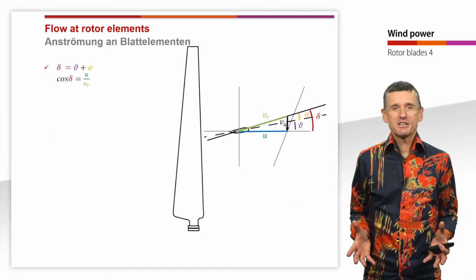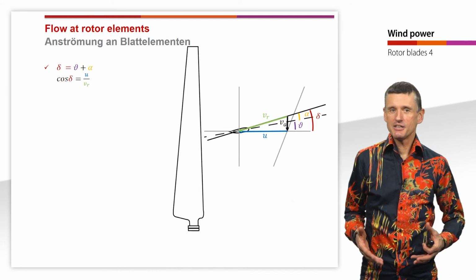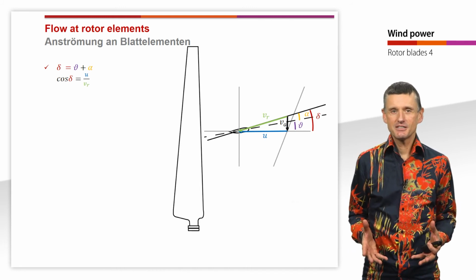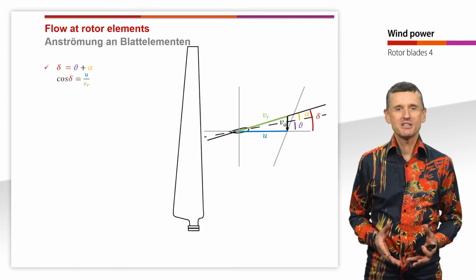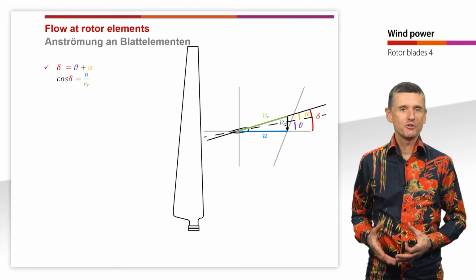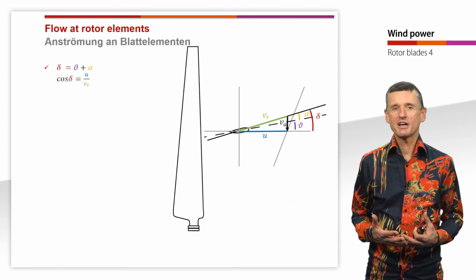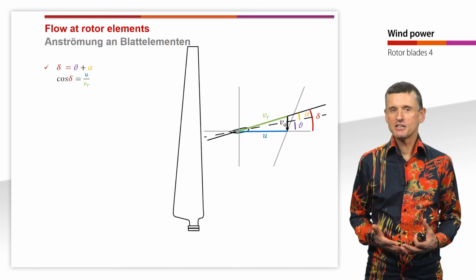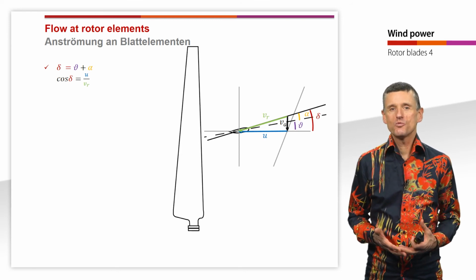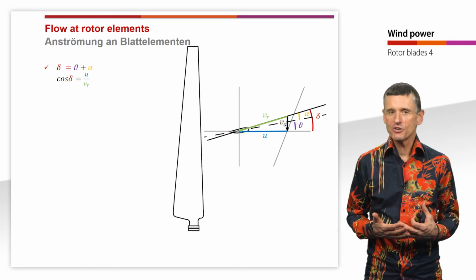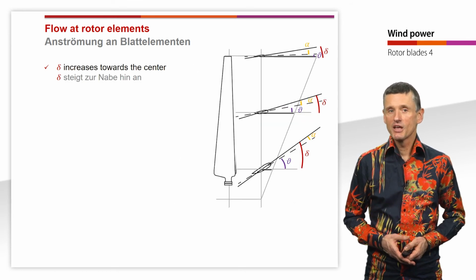So we have here several angles, and here, for example, we have the delta that is equal to the sum of theta and alpha. And also we can describe the cosine of delta is equal to U divided by the relative velocity VR.